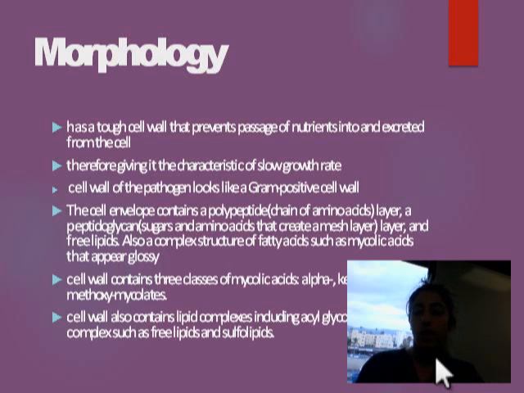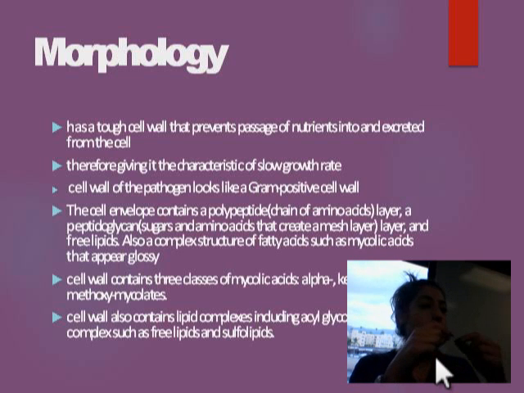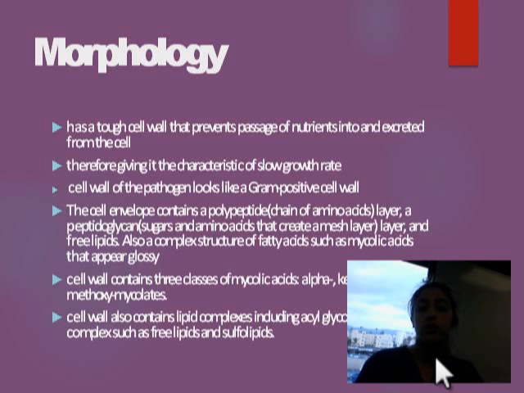And the cell envelope contains a polypeptide layer, which is a chain of amino acids, and a peptidoglycan layer, which is sugars and amino acids, creating a mesh-like layer, and free lipids inside of it.